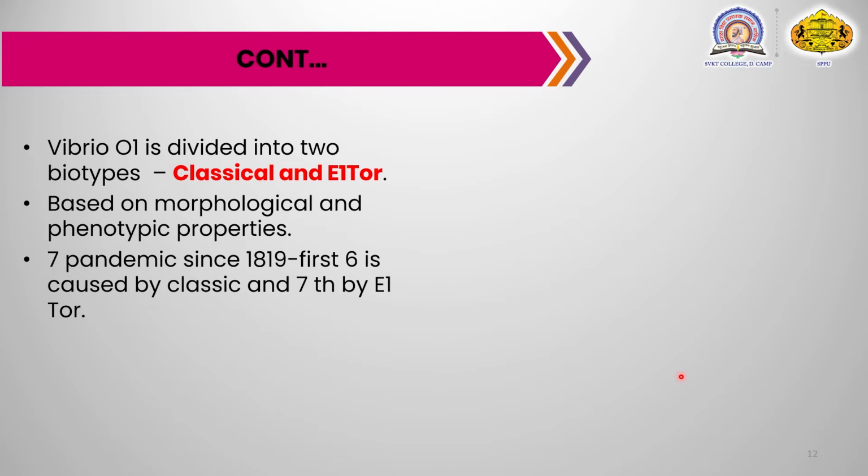Now we are all aware that there have been about 7 pandemics of cholera since 1890, and the first 6 were caused by the classical Vibrios, but the last pandemic was found to be caused by El Tor Vibrios.